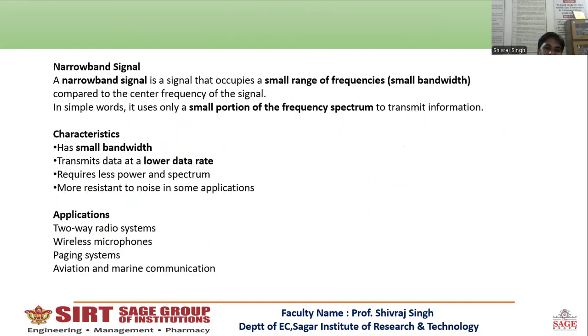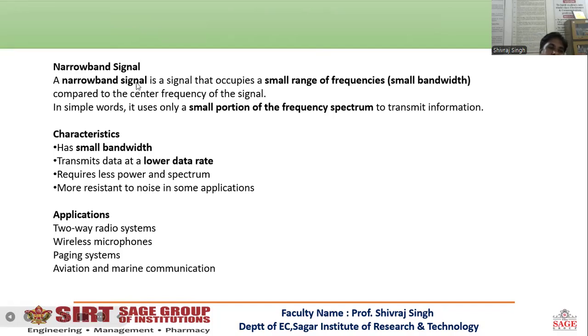Narrowband signal is a signal that occupies a small range of frequency. That means it has a small bandwidth as compared to the center frequency of the signal. Simply, it uses only a small portion of the frequency spectrum.